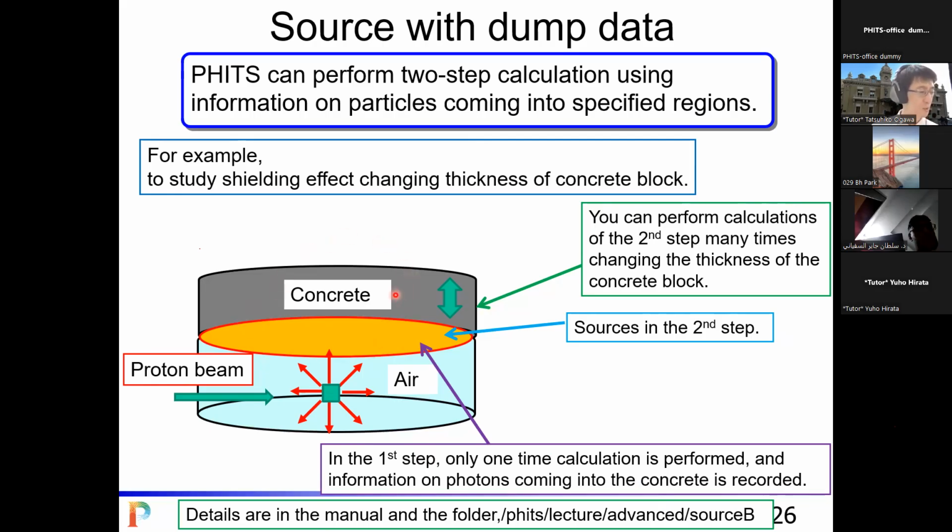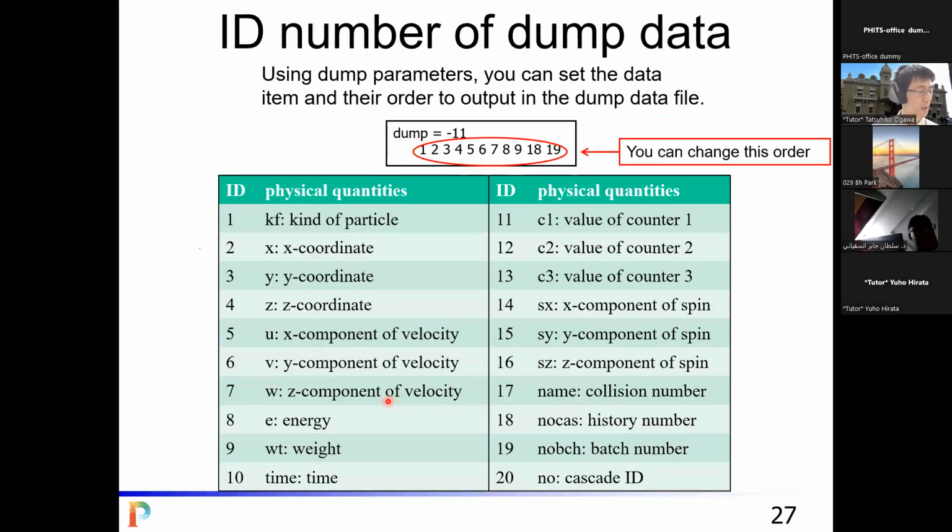So let's do this two-step calculation to accelerate calculation. As we learned in source B, we can dump various parameters of the particles: particle species, XYZ coordinates, XYZ components, directional cosines, energy, weight, time, counters, etc.